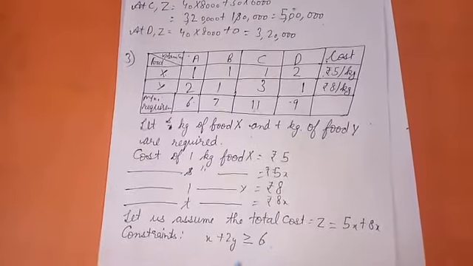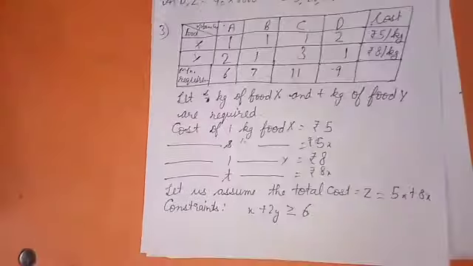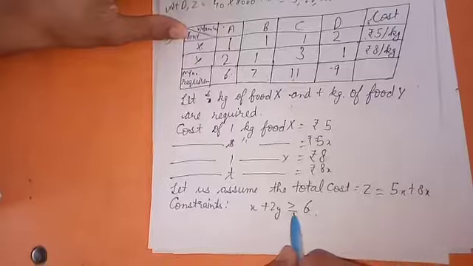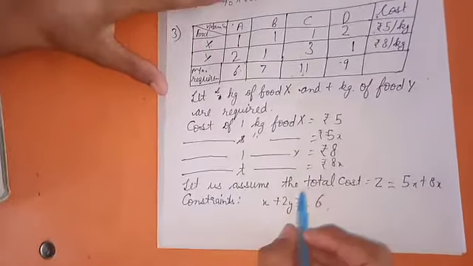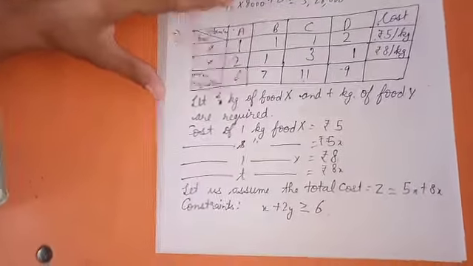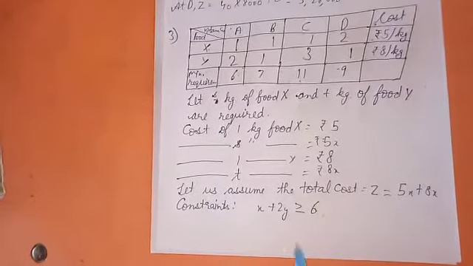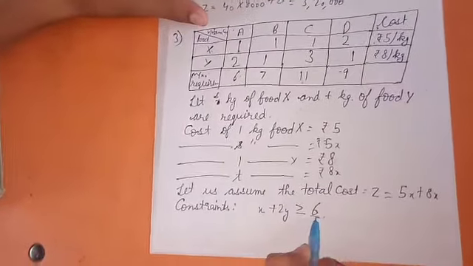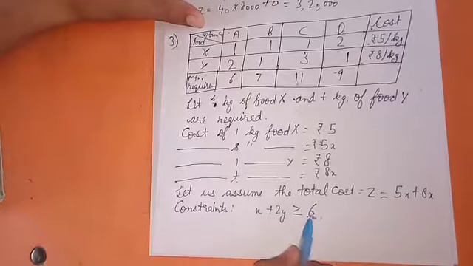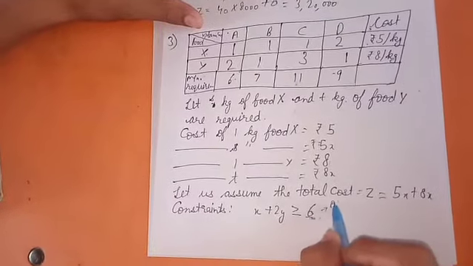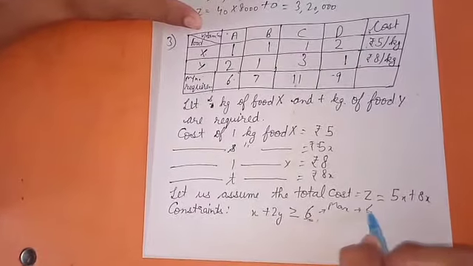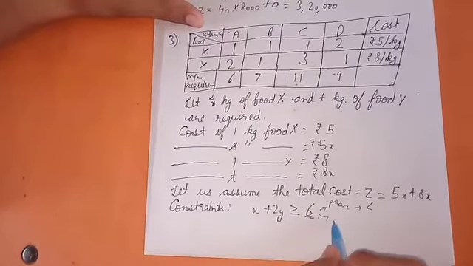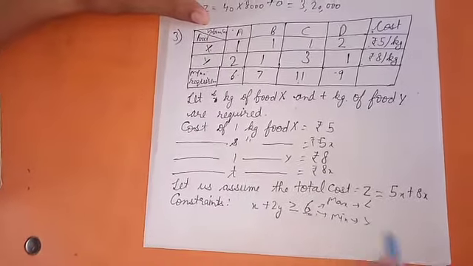Because 6 is the minimum value. Similarly, if they give a maximum value, we will use the less than sign. If a minimum is given, then the greater than sign.